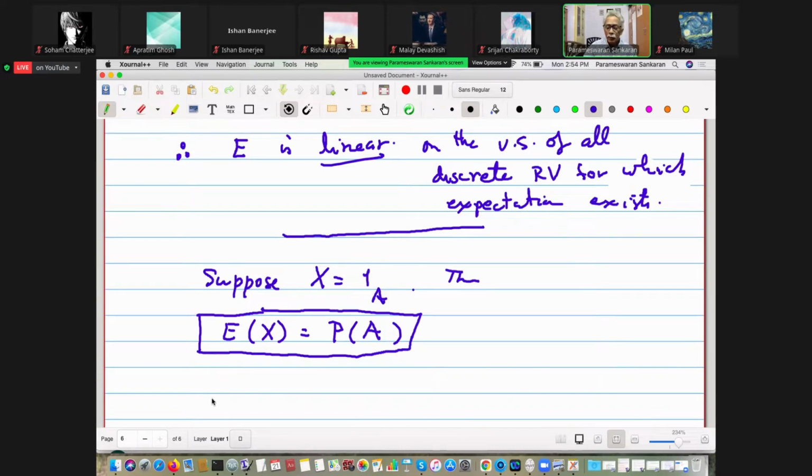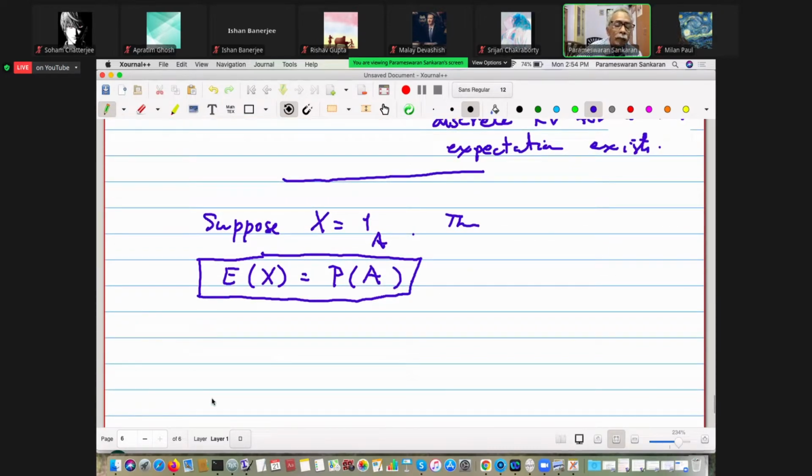Now it turns out that one can start with a tuple. Let me say omega, F, and E, where E is the expectation operator.